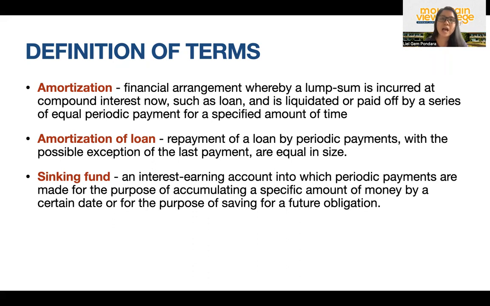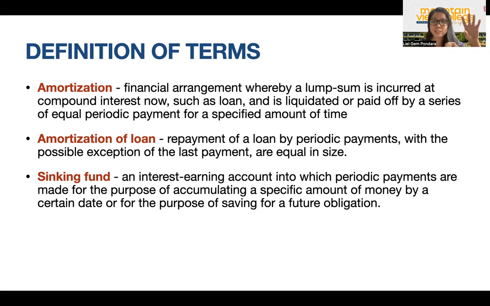Let me give this one as a comparative model. For example, I want to have a laptop. So I have two options: first is to do amortization, or second is to do a sinking fund. In amortization, I loan a laptop today and I will keep on paying that loan for 2 to 3 years.